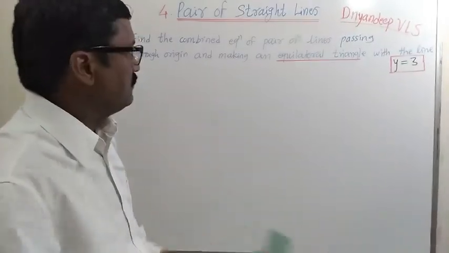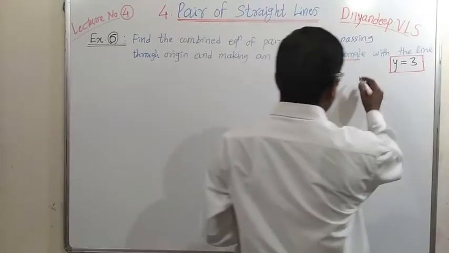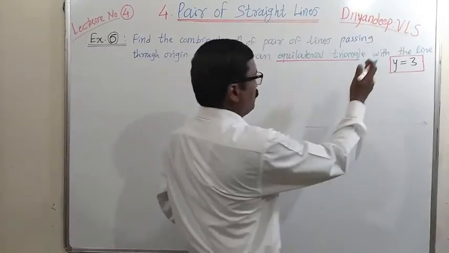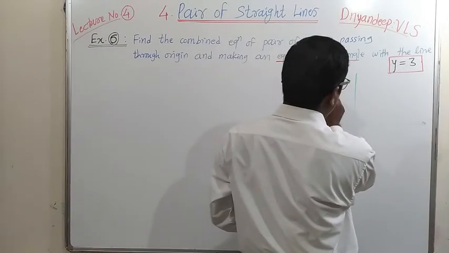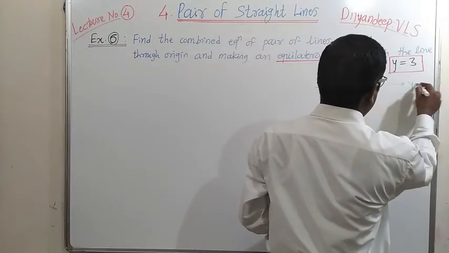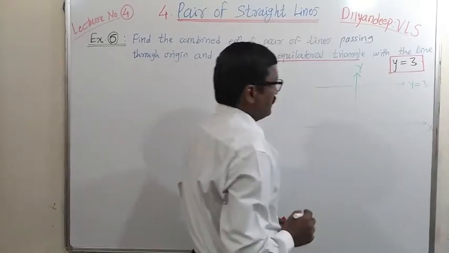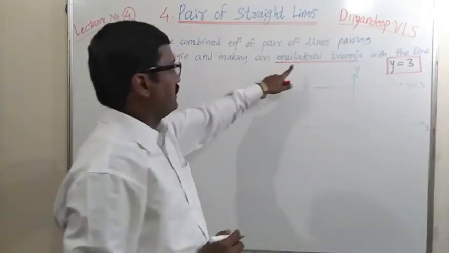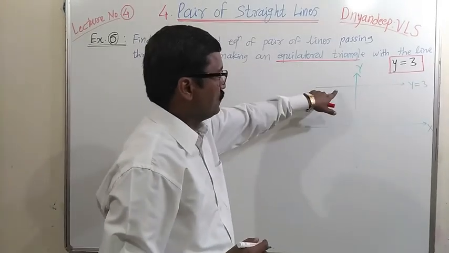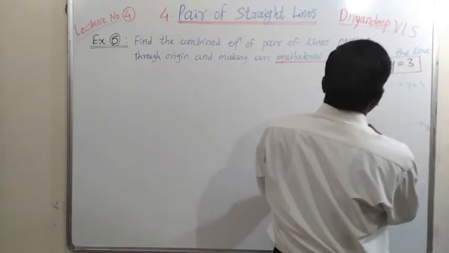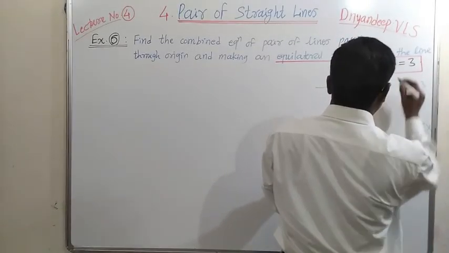Let us draw one rough figure here. This example is also very easy. Y = 3, you know the line y = 3. This is x-axis, this is y-axis. Then we have to draw an equilateral triangle of which one side is y = 3 and the remaining two sides pass through origin.